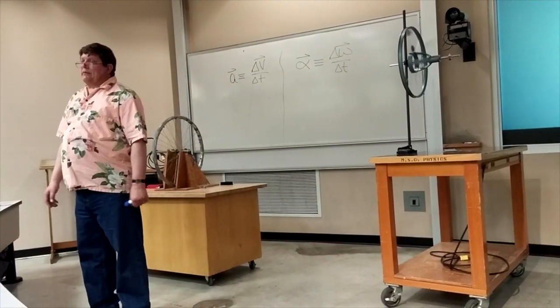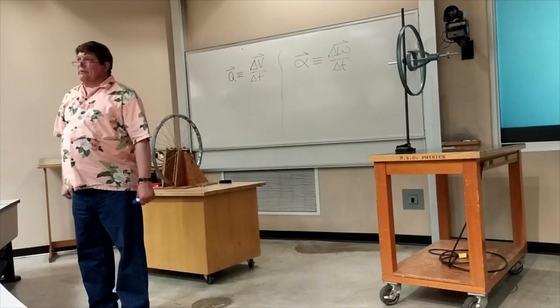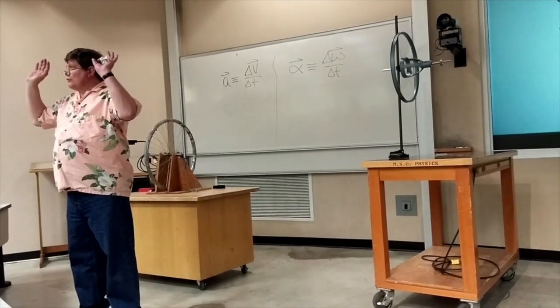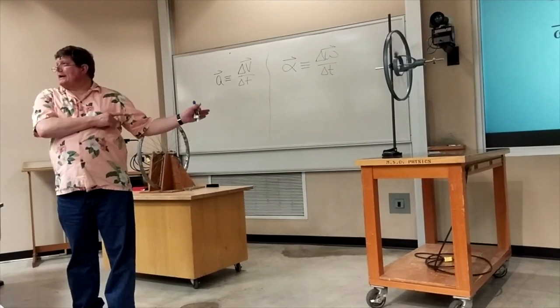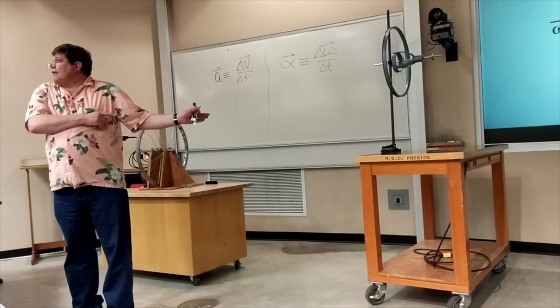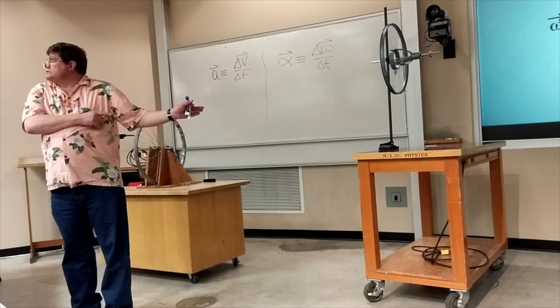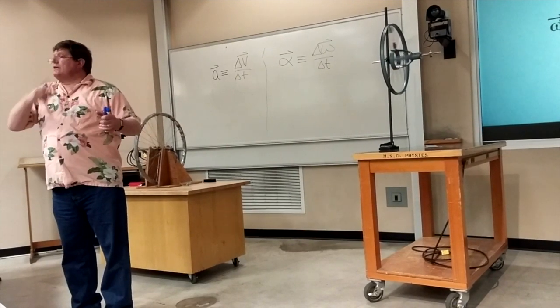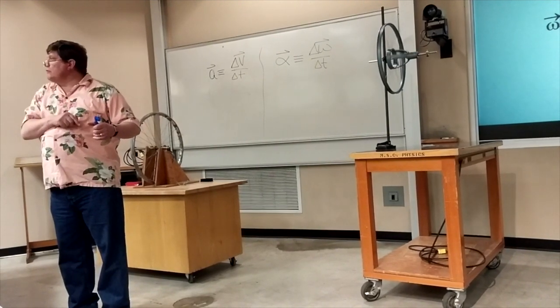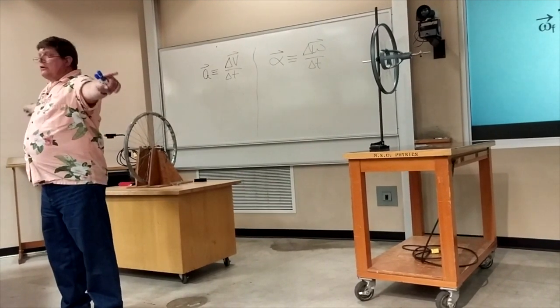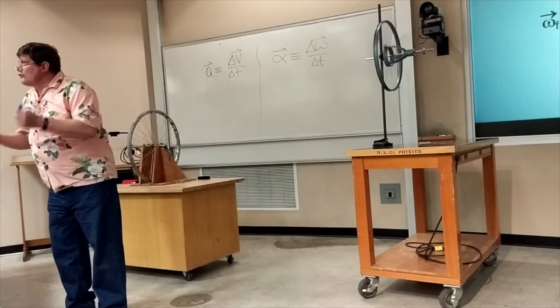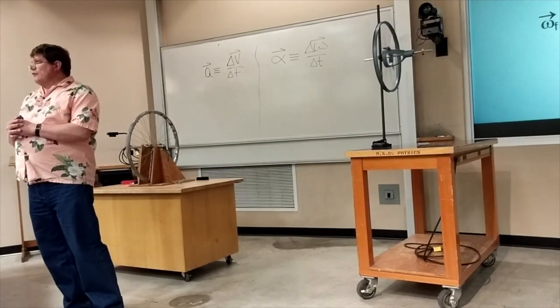Alpha's into the page by right-hand rule. It's Tuesday by right-hand rule. Everything's right-hand rule. Right-hand rule only gives you omega. How do you get alpha? You ask yourself if it's spinning faster and faster or slower and slower. If it's faster and faster, it's the same as omega. Slower and slower, it's opposite. There is no right-hand rule for alpha.